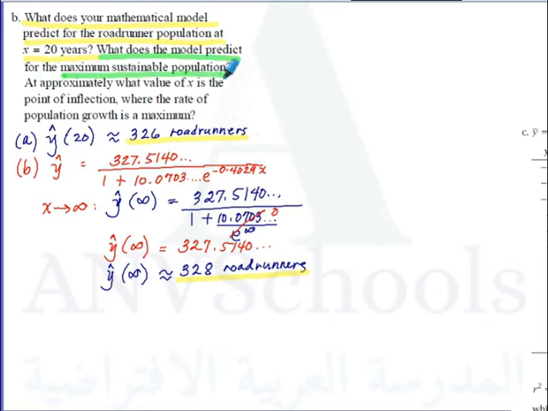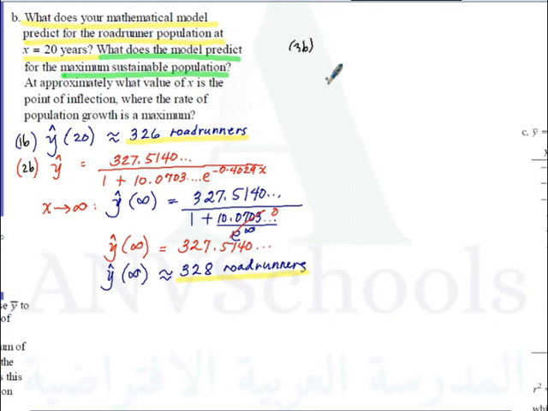At approximately what value of x is the point of inflection where the rate of population growth is maximum? How do we get the point of inflection? Remember in a logistic function, to get the point of inflection we have to get the asymptotes. This is letter C for this question, or let's call this 1B, 2B, 3B.